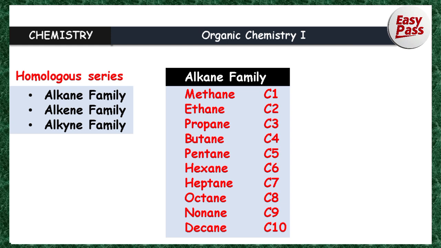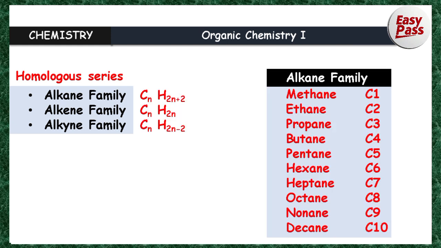So the general formula for the alkane family is CnH2n+2.